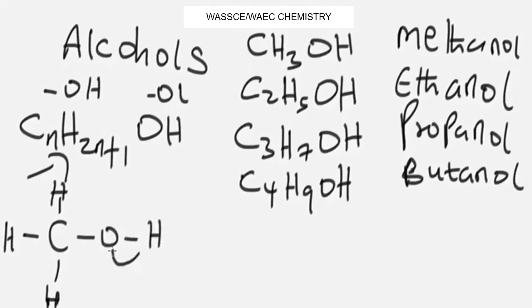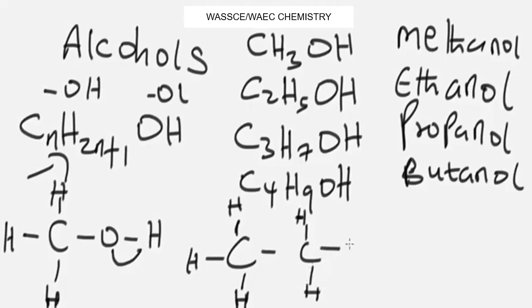This is the OH functional group, while that of ethanol, since it has two carbon atoms, is going to be something like this. This is a hydrogen atom. So this is our ethanol.